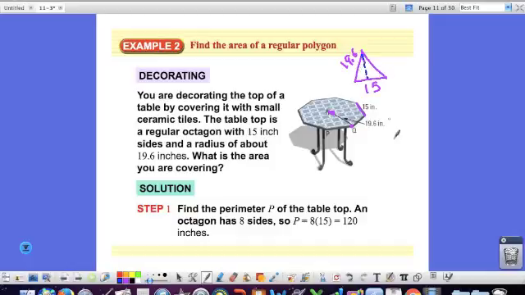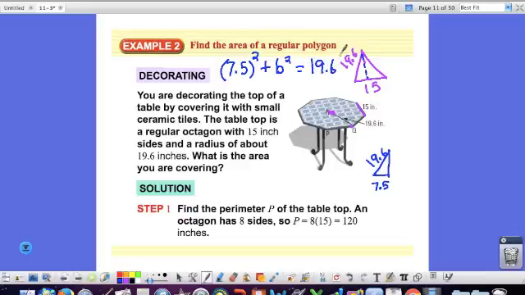So when I split that in half, I actually have made 2 congruent right triangles. The base of this right triangle now is 7.5 because it's half of 15, and this is 19.6. So I can actually do 7.5 squared plus b squared equals 19.6 squared.